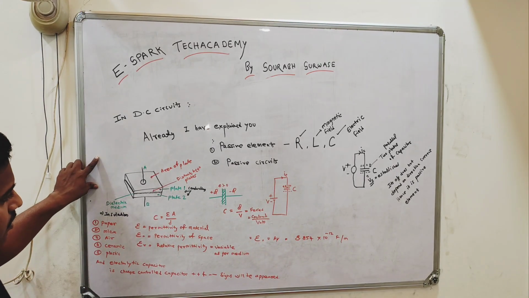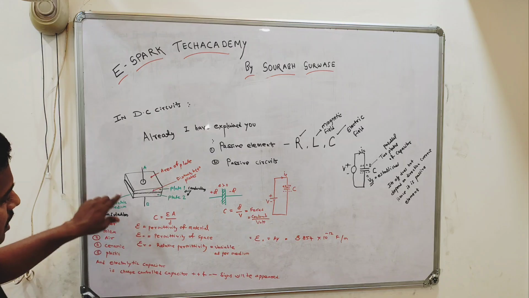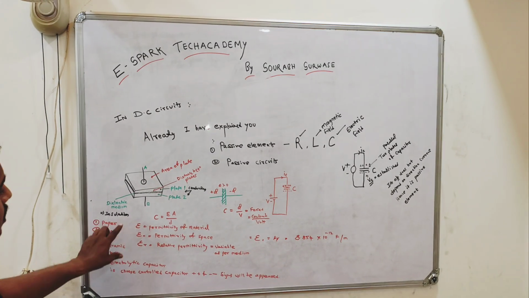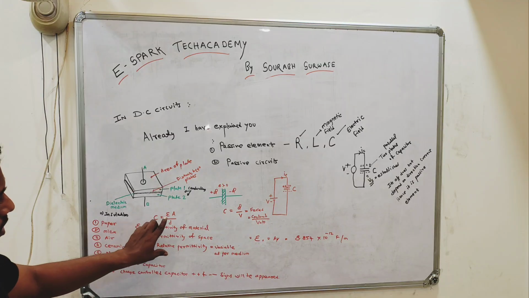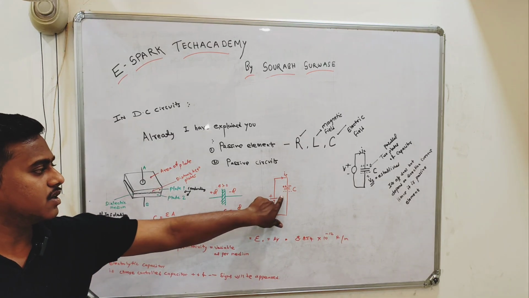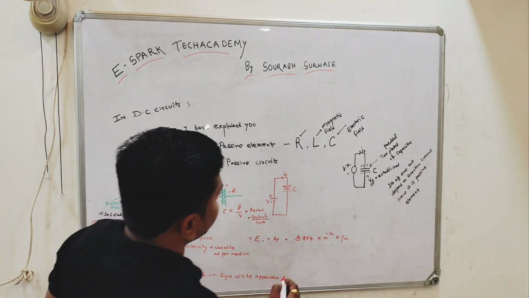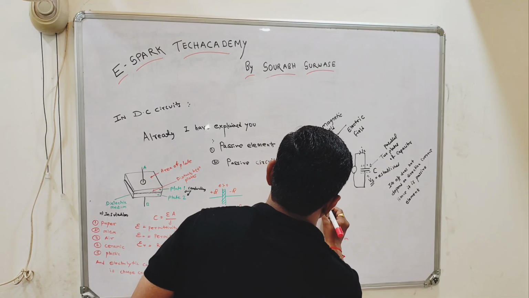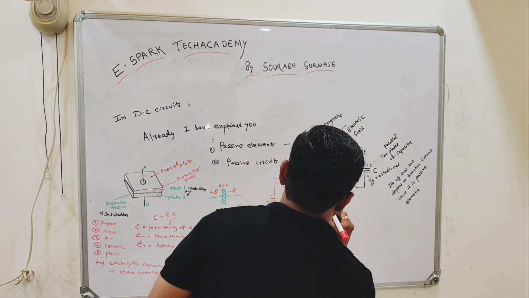Such kind of numericals will also be asked in the exam in order to calculate the capacitance. And even the energy stored here is given simply by E equal to half CV square.